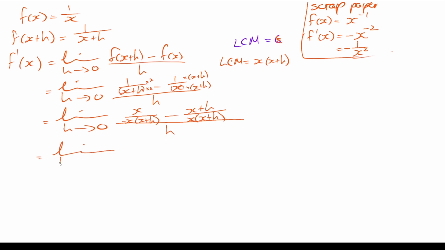The limit as h tends to 0. Now we have, why is there a minus there? There shouldn't be, I think it was just a small scrape by accident. Below the line, I end up with x times x plus h, and over here I have x minus, and remember when something is on a fraction, there are invisible brackets, invisible parentheses protecting it. So we've got to put them back in.